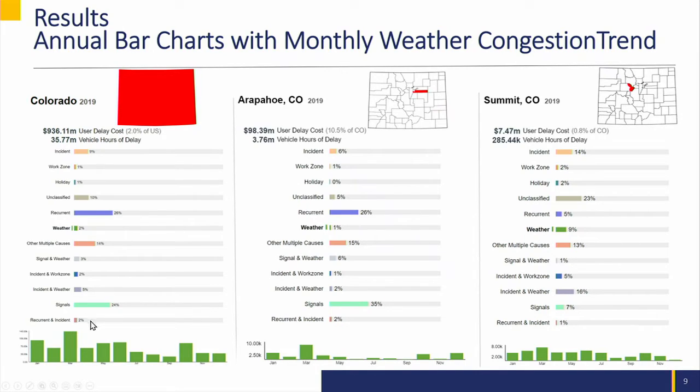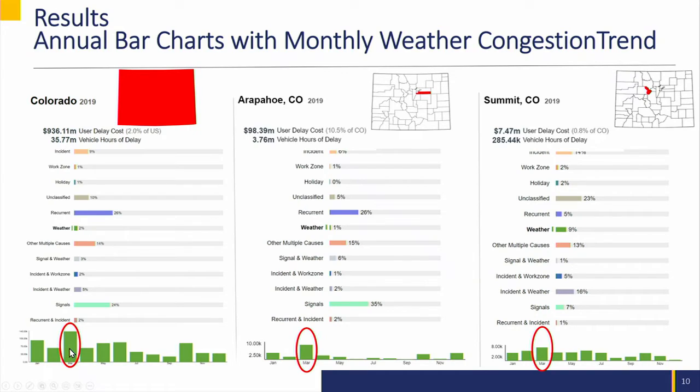You can also see for the state and the two counties showing here, there was a spike in weather-related delay. What happened here was I went back through and did a Google search and found that there was a major blizzard that went through and dumped feet of snow in some areas, and it was captured in each of the individual counties that we looked at.